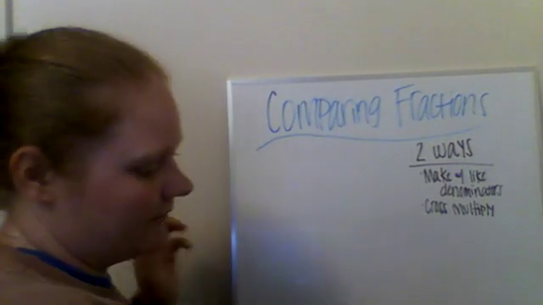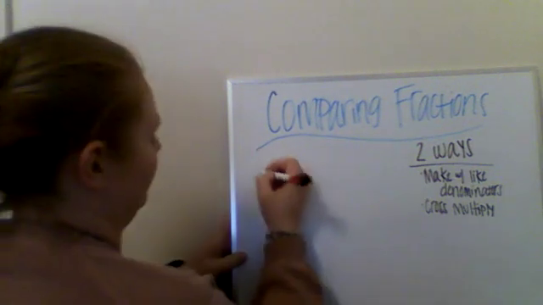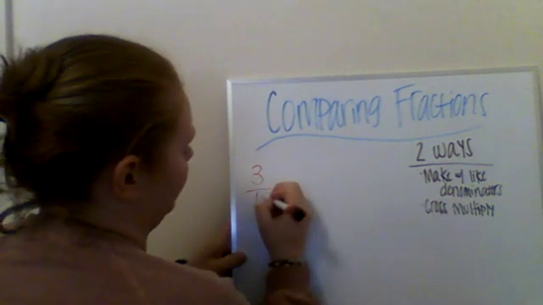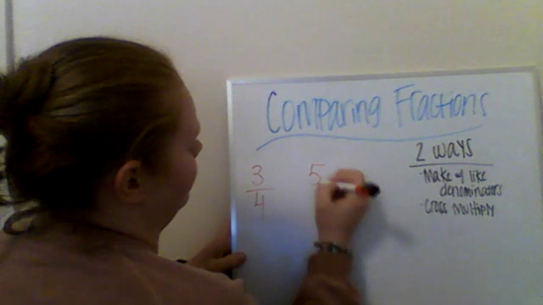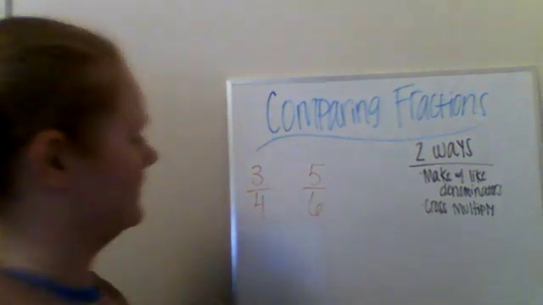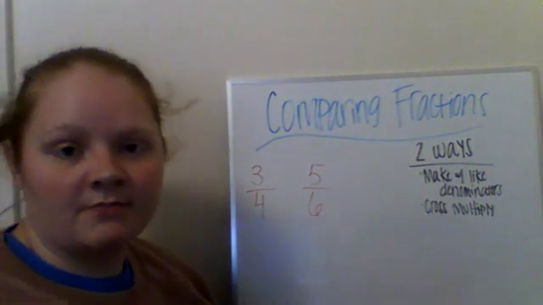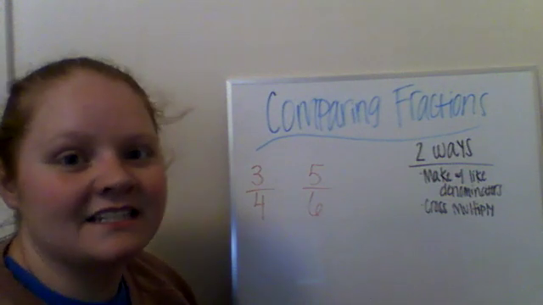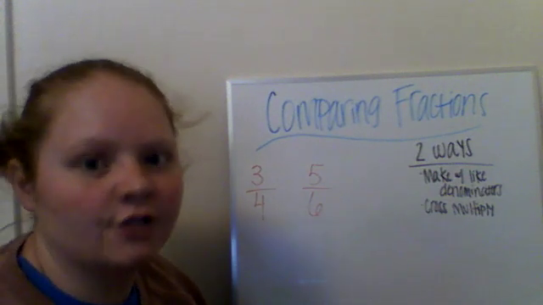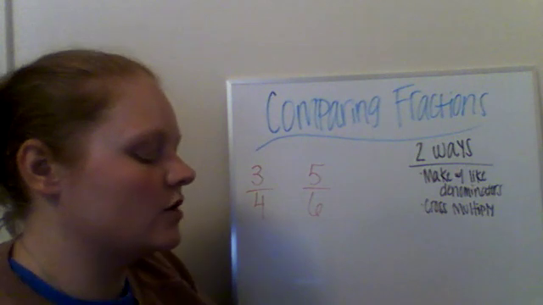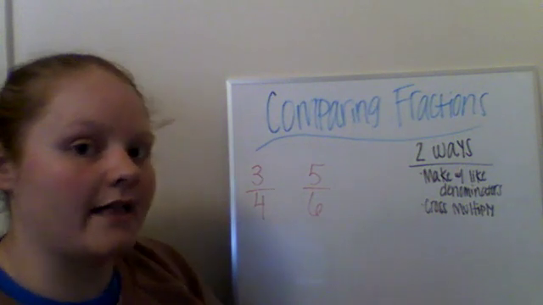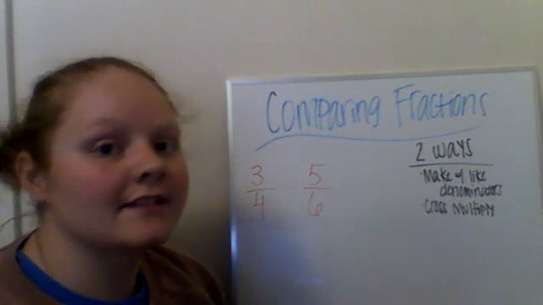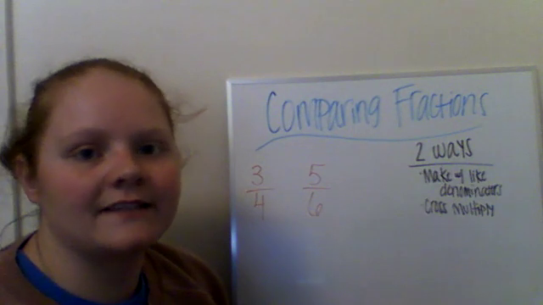If I was to give you the problem 3/4 and 5/6, the first thing that should be going off in your head is: I have unlike denominators. That means things are going to get a little more tricky. When our fractions have the same denominators, your life is easy.